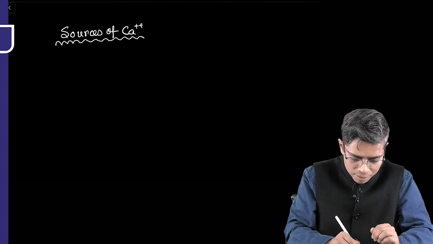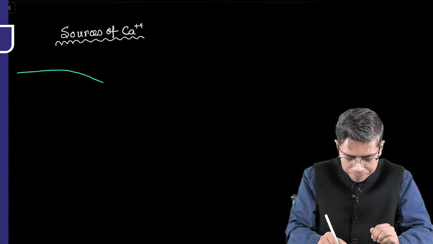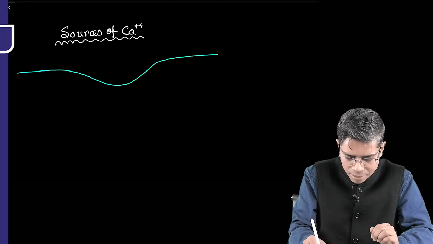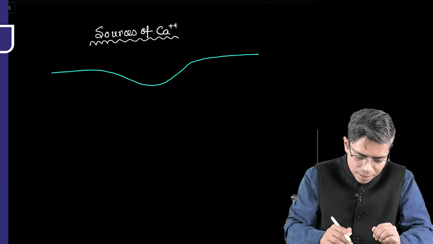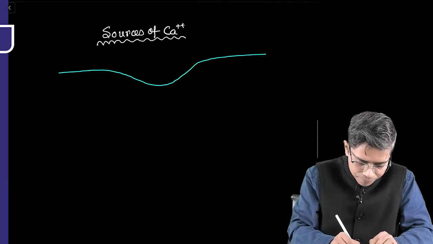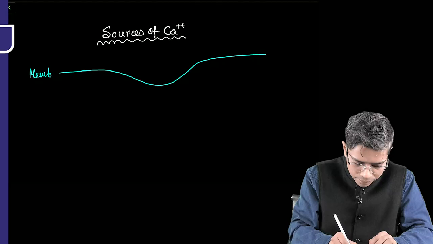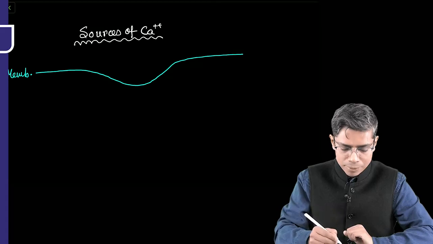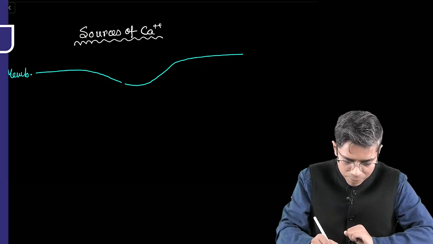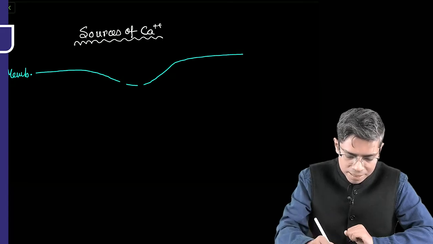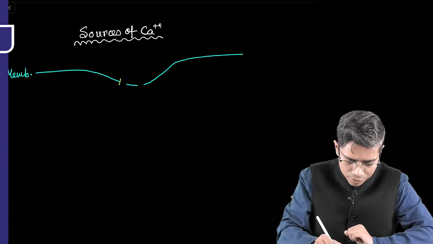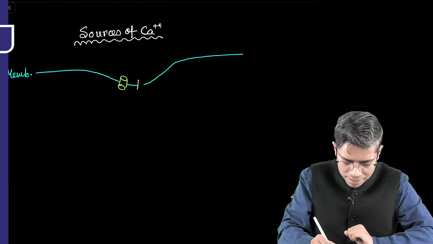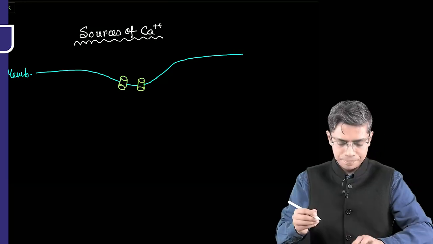So I am drawing the smooth muscle membrane here. Okay, so this is the smooth muscle membrane, right? I hope you understood which part is the caveoli. At the level of this caveoli, I told you already that there will be voltage gated L-type calcium channels. So this is the L-type voltage gated calcium channel, right?